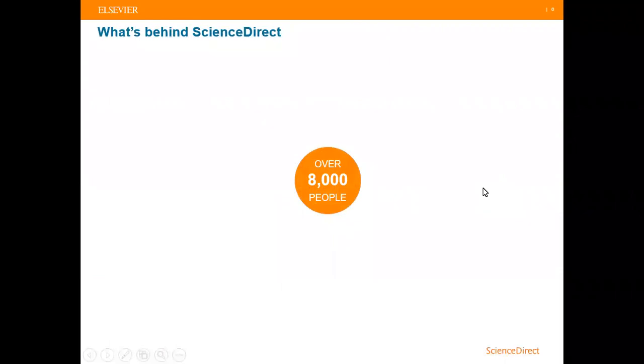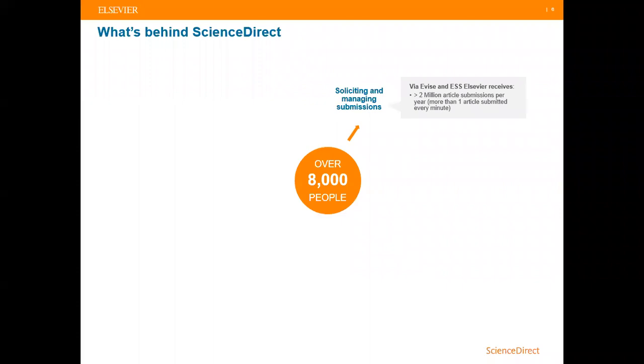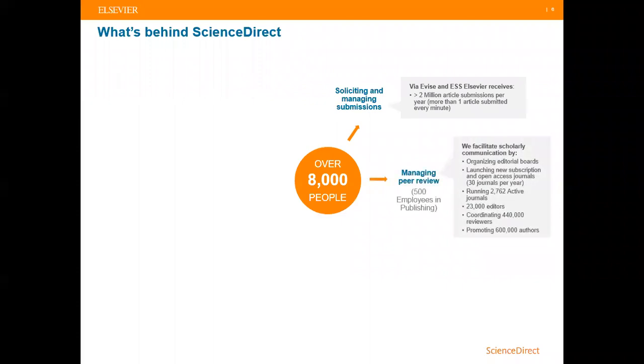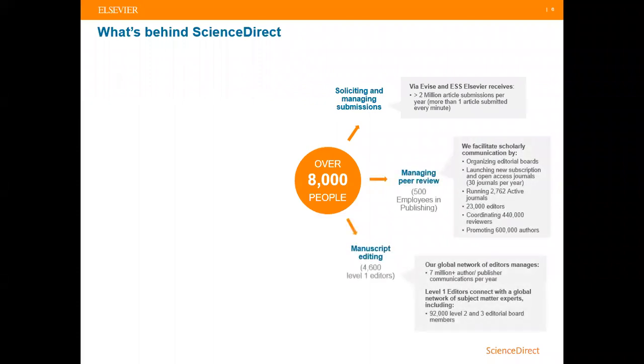There are over 8,000 people behind ScienceDirect. We have a large publishing organization that is responsible for attracting submissions and managing a network of editors that oversee selection and peer review. We receive about 2 million article submissions per year.